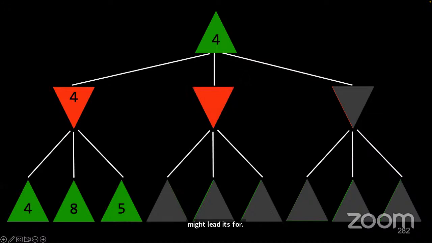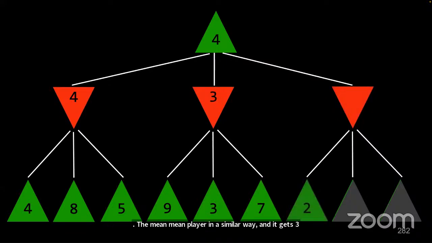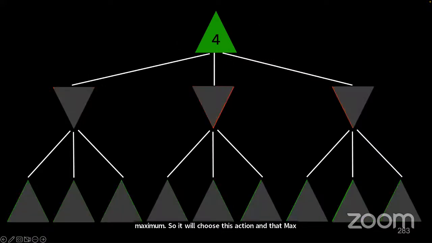The next action, it also simulates the min player in a similar way, and it gets 3 as the minimum of these three values. And for the last action, it simulates the min player and sees that the min player will get the value 2. So from these 3 values, 4 is the maximum, so it will choose this action, and the max value of this state is 4.